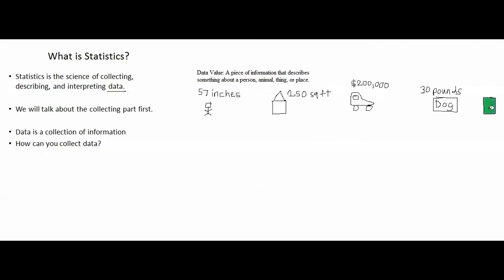Well then, the word green is a data value that describes something about this piece of paper. So a data value doesn't have to be a number. It just has to be a piece of information that describes something about a person, animal, thing, or place.